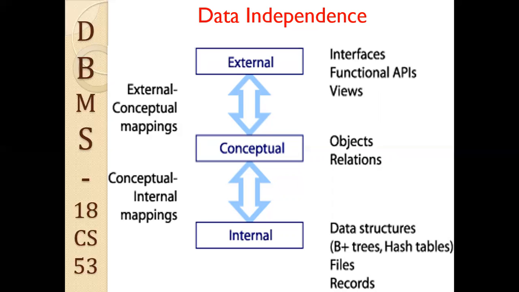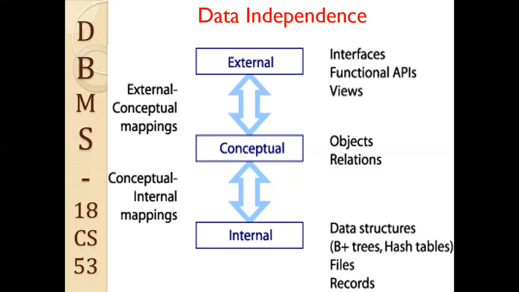Whatever data structure we use will be specified here. We can use any data structure, but this will not affect our conceptual schema. Either you can use files or records. Initially, we may use B plus trees to store the content. Later, I will shift from a B plus tree to a linked list.